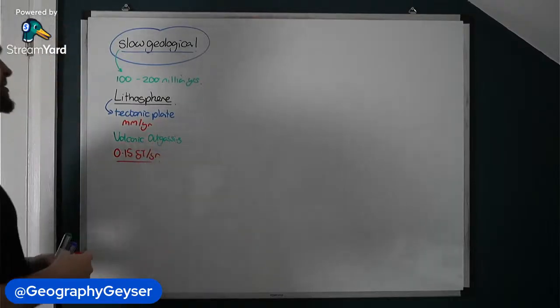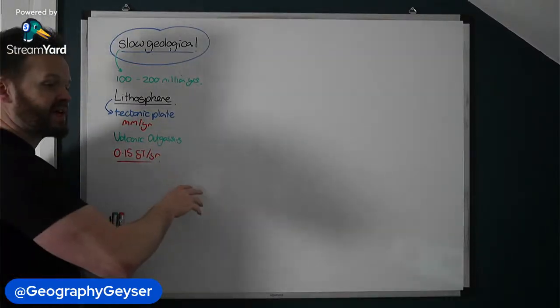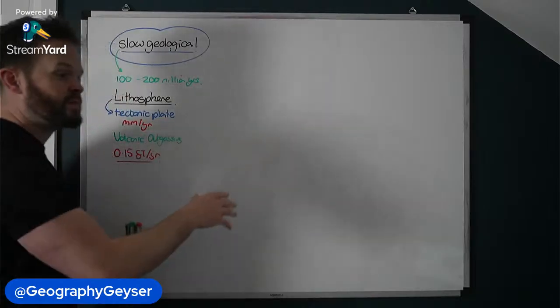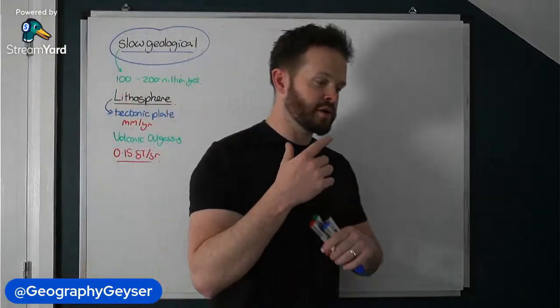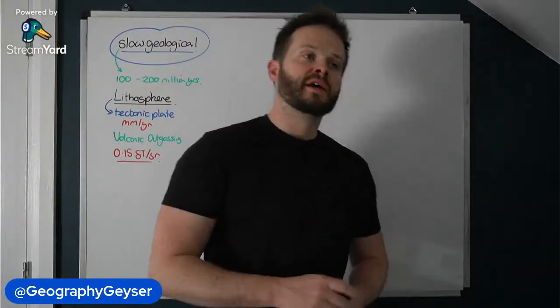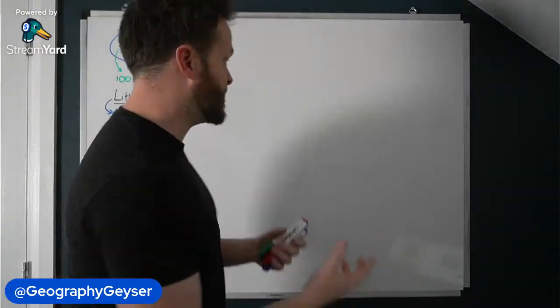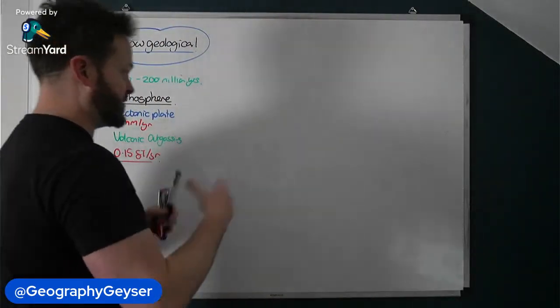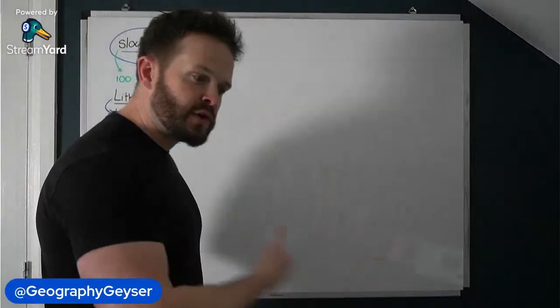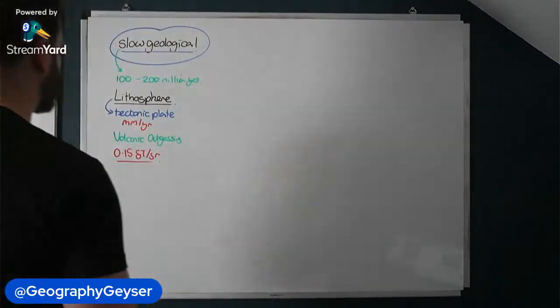So it's really slow. The fast biological cycle not only takes place over faster timescales, there are often greater volumes of movement between the stores, and that's what makes it so fast. That turnover of carbon is a lot more rapid.